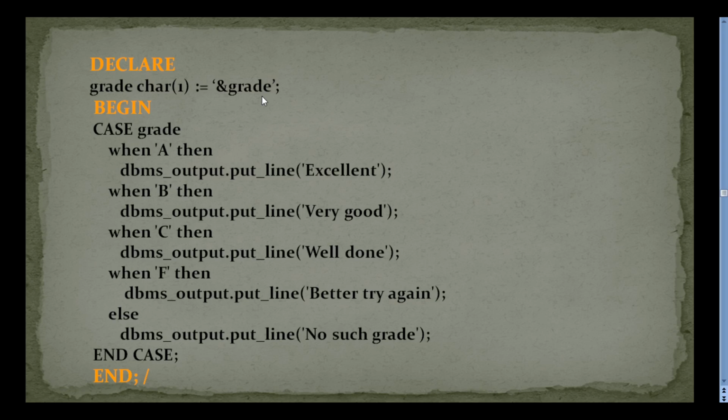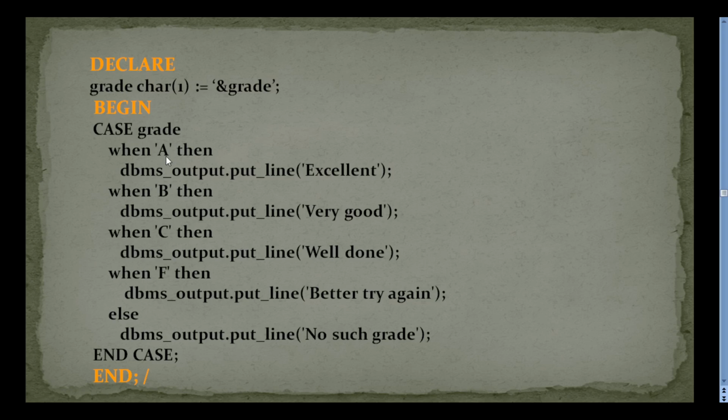Whatever character you have given at runtime, based on that the case selects one of the selectors. This value is passed here, CASE grade. By taking this value, it checks all these values: capital A, capital B, capital C, capital F.